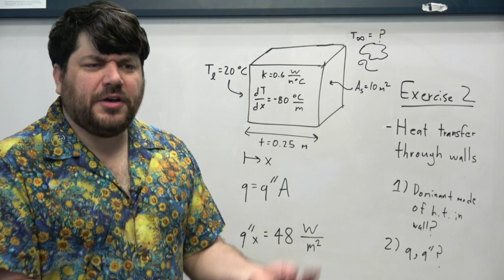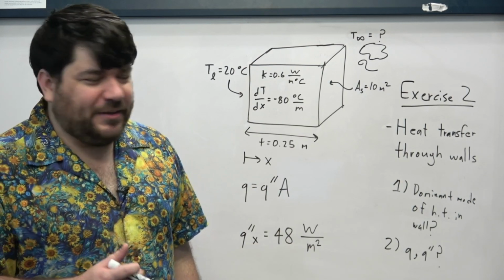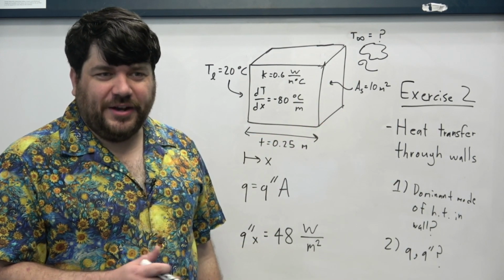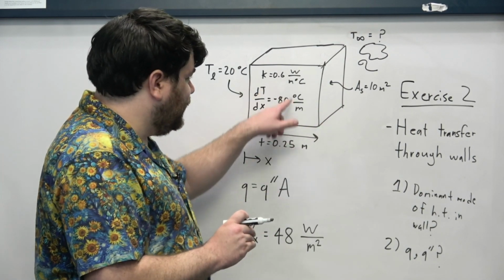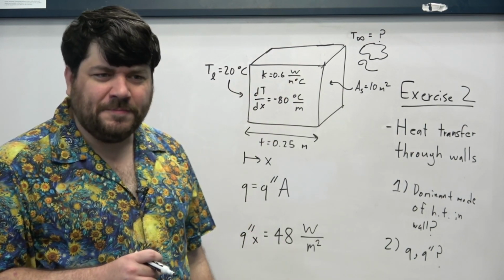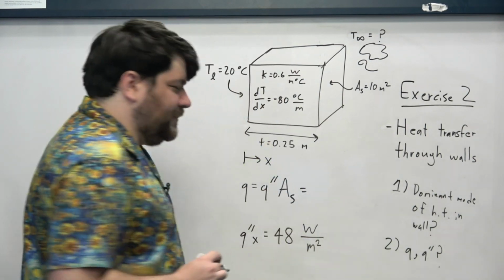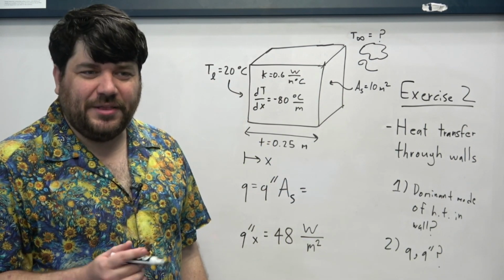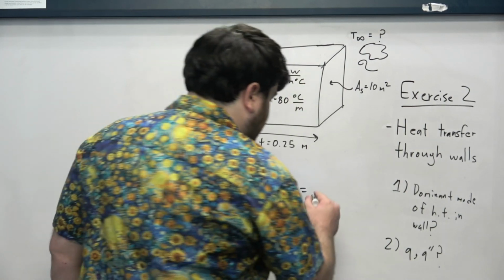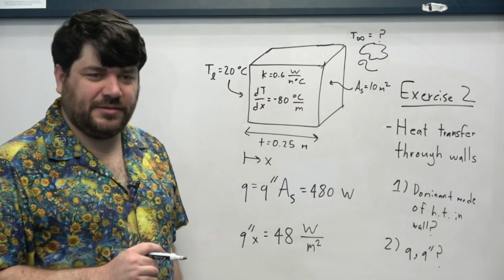Well, we are talking about heat transfer that's happening through the wall, and so it makes sense for us to use the cross-sectional area of the wall, right? So we take the heat flux through all of the little points inside of a slice of the cross-section of the wall, we multiply it by that cross-sectional area, and then we find that the heat transfer rate through any little slice of wall that we consider is going to be 480 watts.